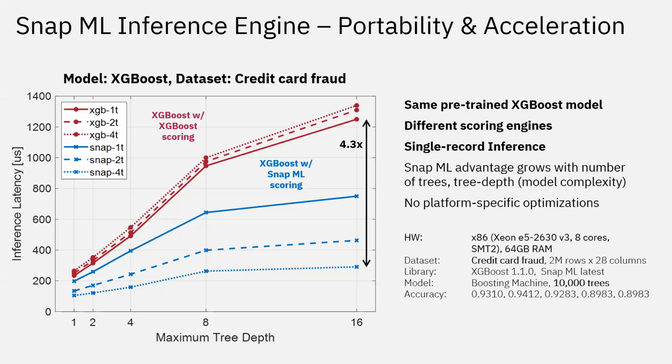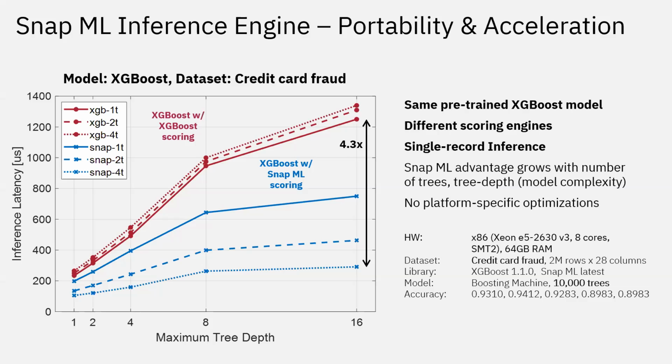So we want to be able to offer accelerated scoring for models trained with SnapBoost, but also import models trained with other frameworks so we can offer the same acceleration for XGBoost models and for LightGBM models.